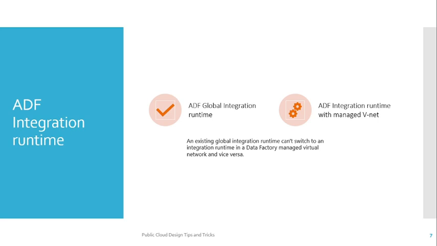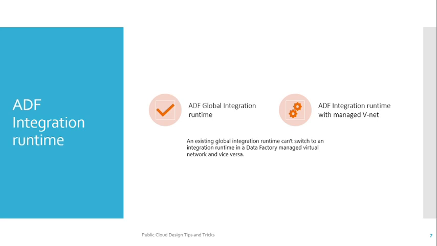The second one is the Azure Data Factory integration runtime with managed VNet. That means you can define a VNet where your Data Factory integration runtime runs, so that you can connect securely to the PaaS services or your data stores, especially the storage account and SQL database, over a private link endpoint.